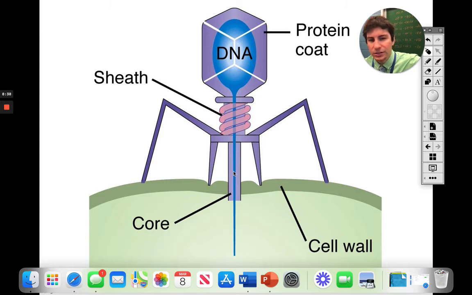So it gets onto the surface of that host cell and literally injects the DNA into it. When it injects the DNA in there, that DNA actually takes over the DNA of that cell, and it will give that DNA certain instructions so that it just keeps producing more bacteriophage viruses.